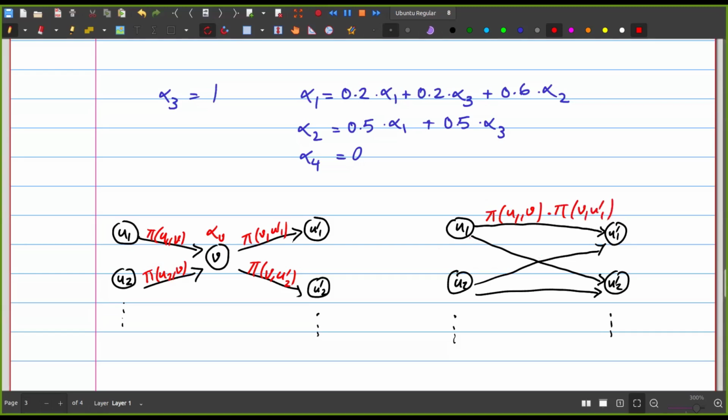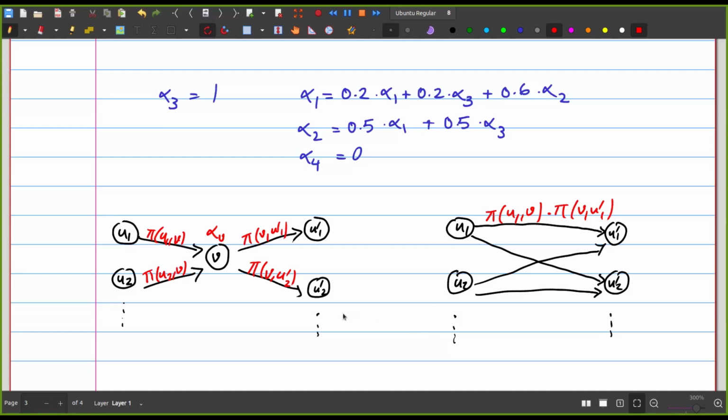And similarly, the probability of this edge is going to be the probability of this edge times the probability of this edge, and so on for every one of these edges. Now, of course, if one of these edges existed before, so if even before removing V there was an edge from U1 to U prime 1, this will be added to its probability. It's not just going to be the product itself.